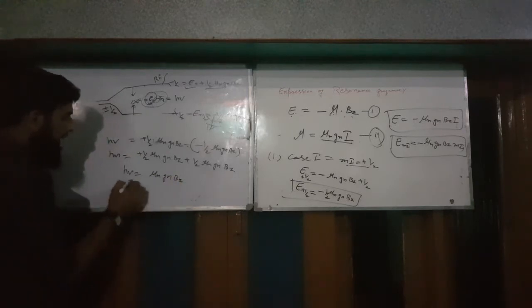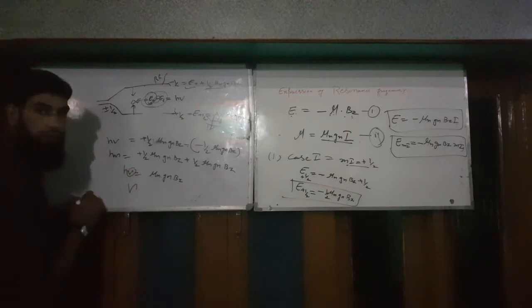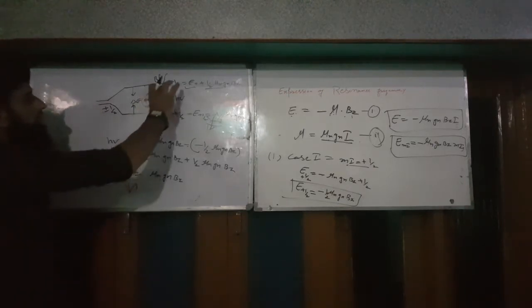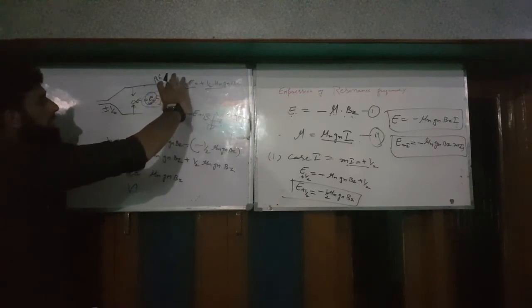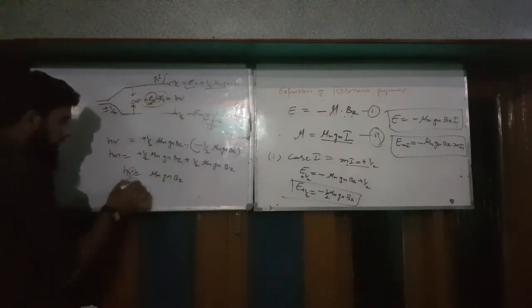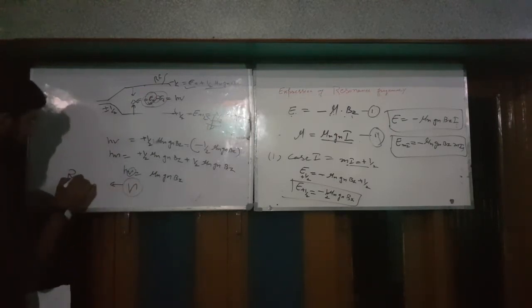Okay, we write here nu, the frequency. This is also known as the resonance frequency. Why do we call it the resonance frequency? When we shine on the sample energy equal to delta E, resonance occurs, and so we call it the resonance frequency.